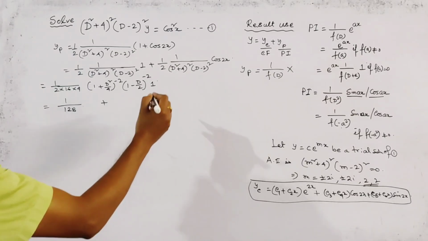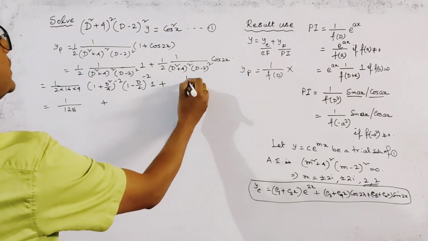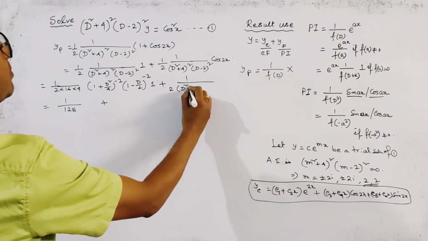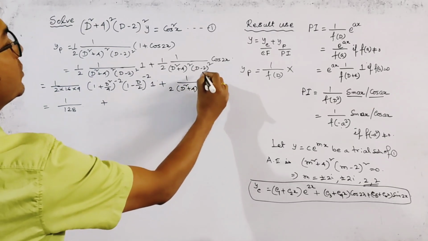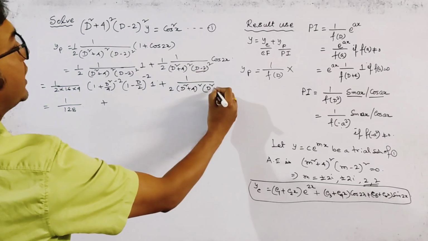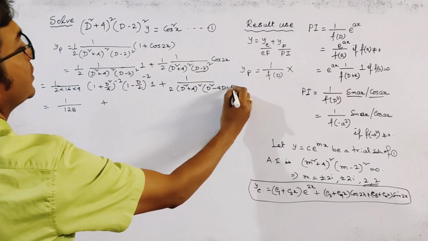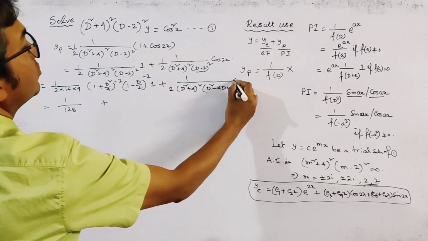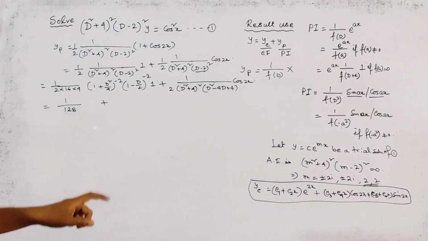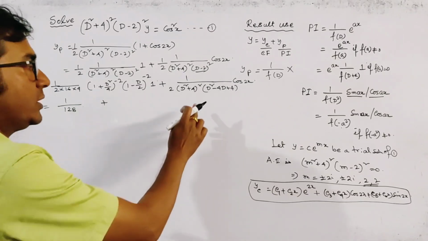Now we write the second part. This is given by 2 into d square plus 4 whole square, and if we expand, d square minus 4d plus 4 into cos 2x. Now we use the formula of particular integration.